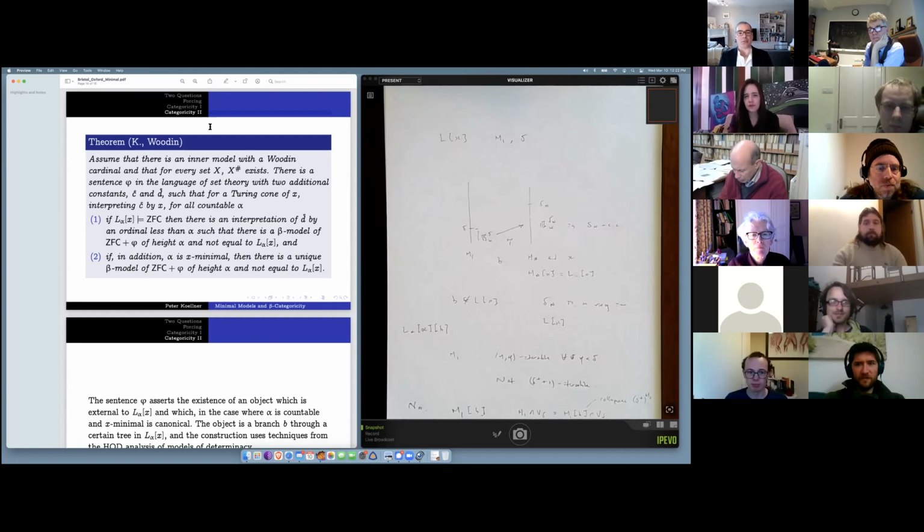I mean, categoricity is great because you know exactly what you're talking about. But the question here is really, are there any other things at that height where we can know exactly what we're talking about in the sense of categoricity?